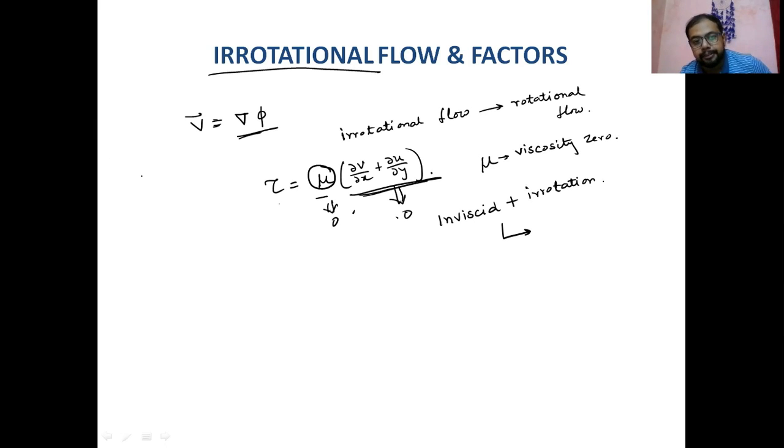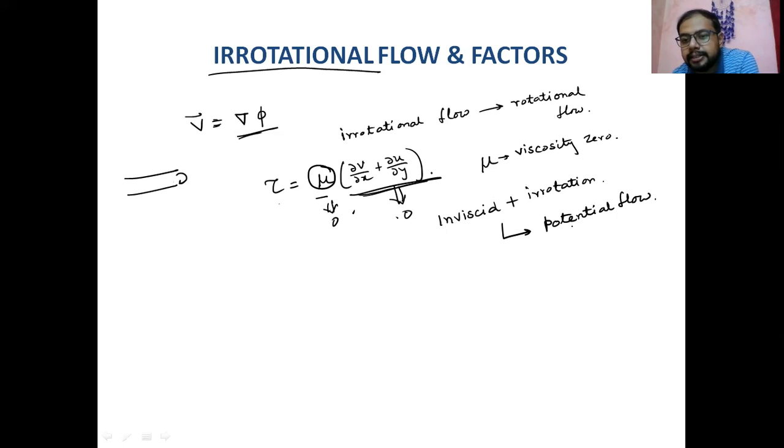What is viscosity? In between two adjacent layers there is a difference in the motion, and because of it there may be a chance of rotationality. So to remove the viscosity effect, that means inviscid, mu tends to 0. In such a condition we can ensure it, and this flow is known as the potential flow.